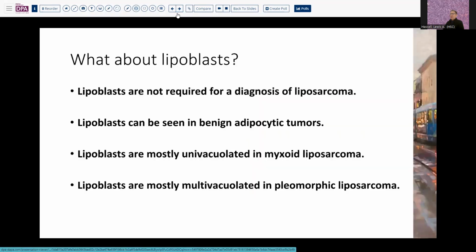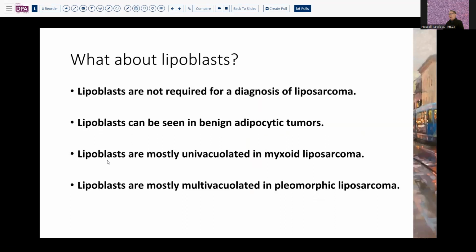So the first question is, what do we do with these lipoblasts? Well, as we've probably already surmised, lipoblasts are not required for a diagnosis of liposarcoma, certainly not well-differentiated liposarcoma. And as we've illustrated with pleomorphic lipoma and lipoblastoma, lipoblasts can and should be seen in a number of benign adipocytic tumors.